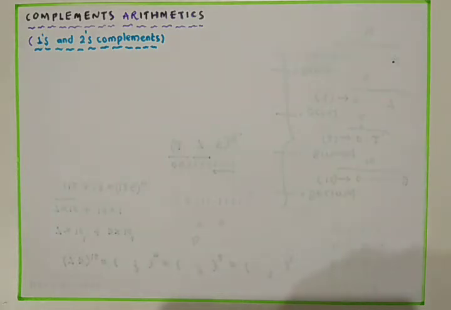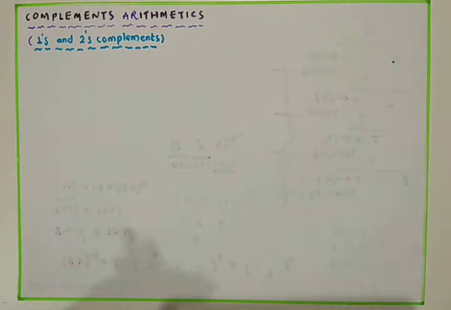But in the syllabus we have the ones complement and twos complement. How the ones complement and the twos complement can be used to perform subtraction in the form of addition, because the computer cannot perform subtraction directly, so by making use of complements the computer can perform the subtraction in the form of addition.